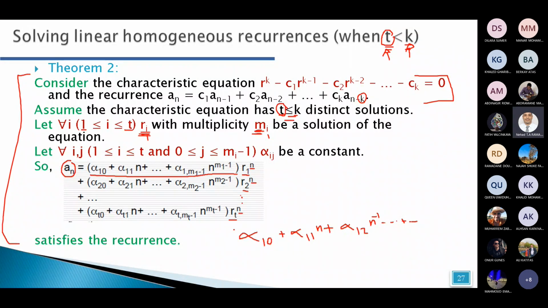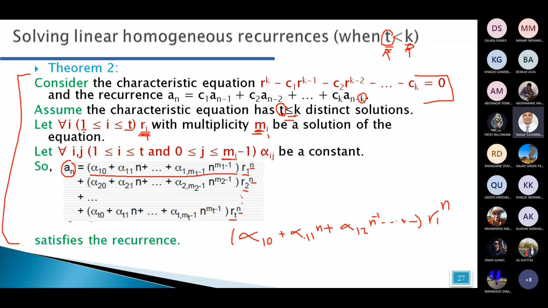All these constants are multiplied by the first solution power n. From where do these constants come and how does it work? It depends on the number of multiplicity.